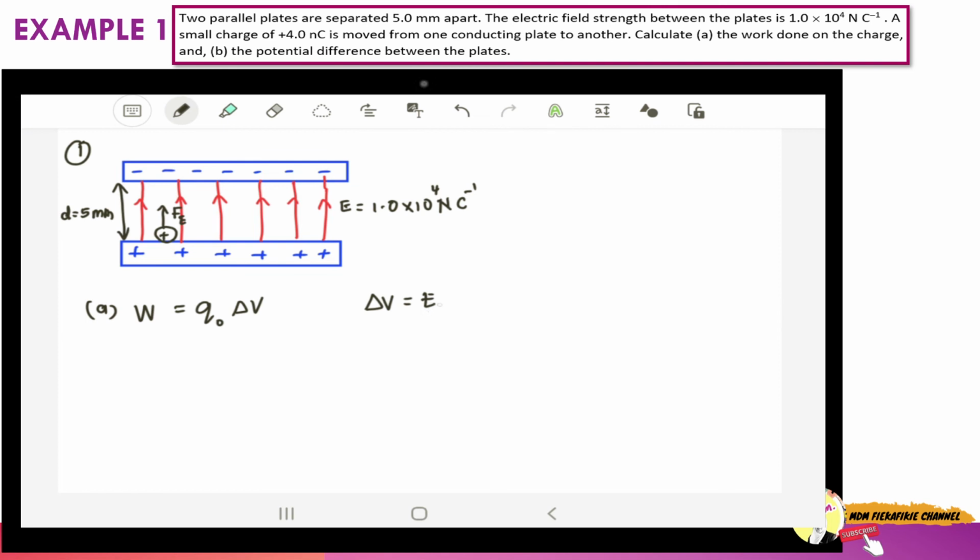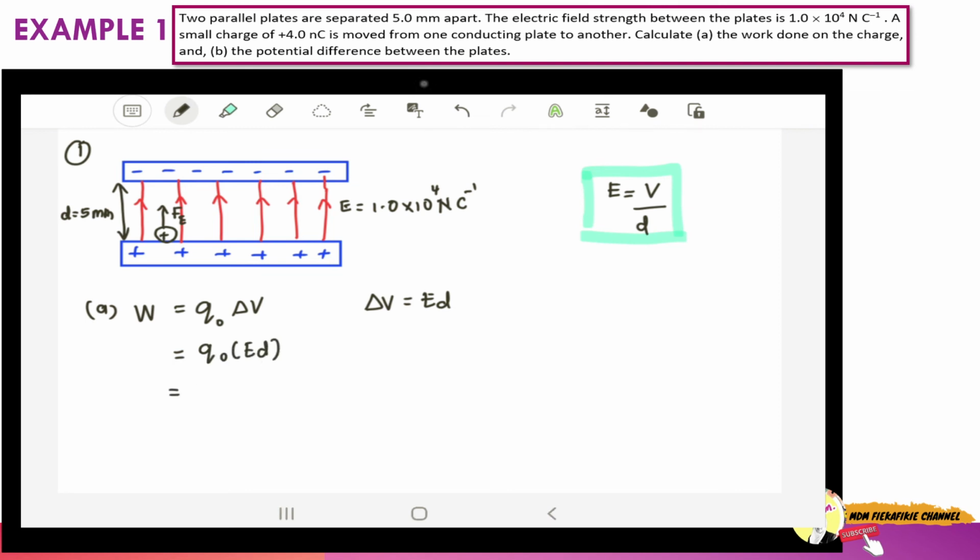If you remember from before, the equation of the electric field between the two plates is equal to V, the potential difference between the plates, over the distance between the two plates. So this is the equation, therefore V is equal to Ed. Now we need to substitute this second equation of V into this equation. So W is equal to Q naught times Ed.